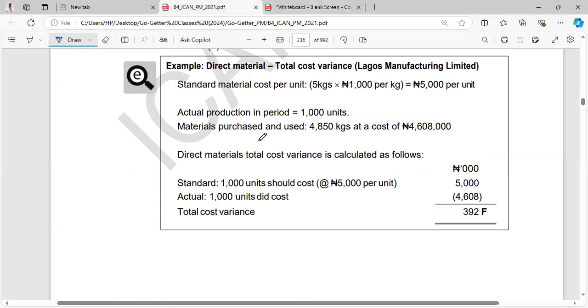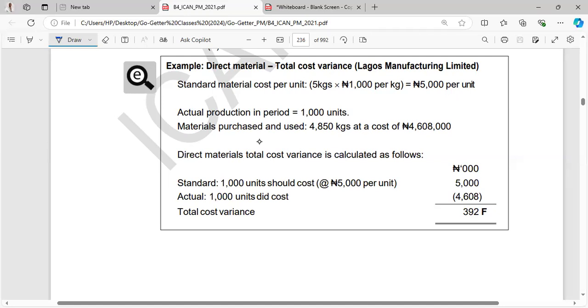So now this is standard material. When we have an example that is bigger than this, we'll go there and do it. You are given 5 kg for 1 unit, and you are buying at 1,000 naira per kg. It means that the standard cost of making 1 unit is 5,000 naira.